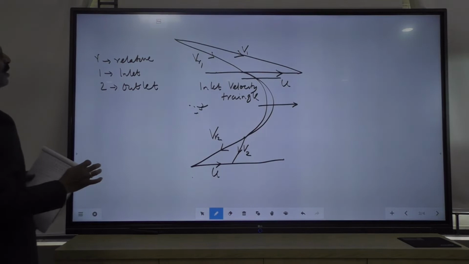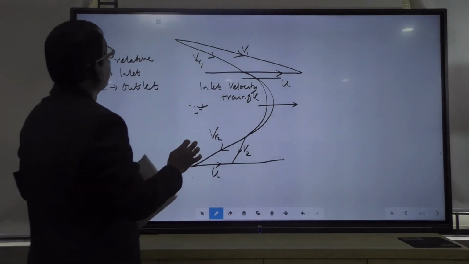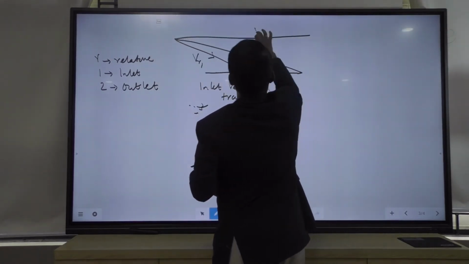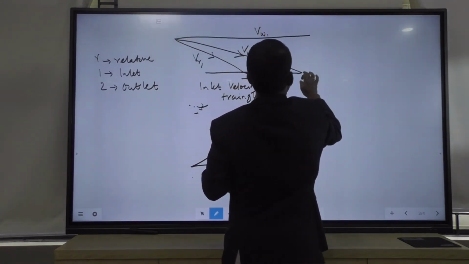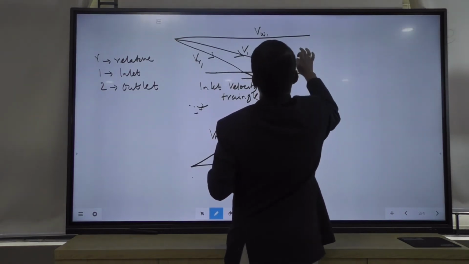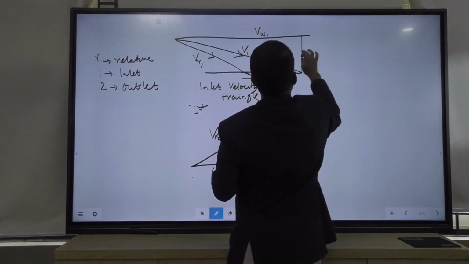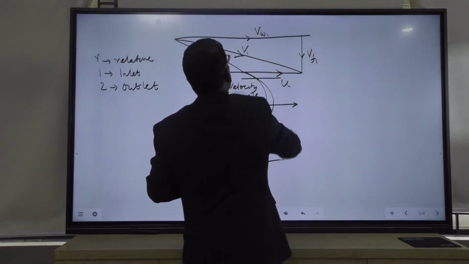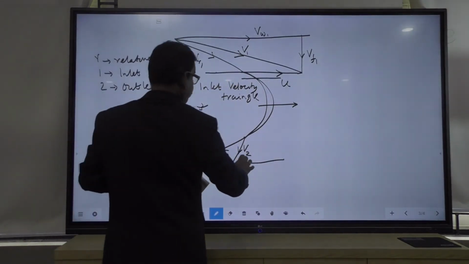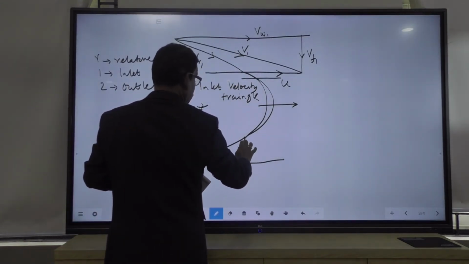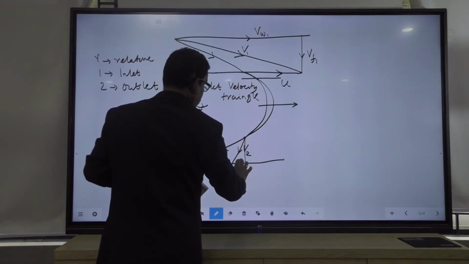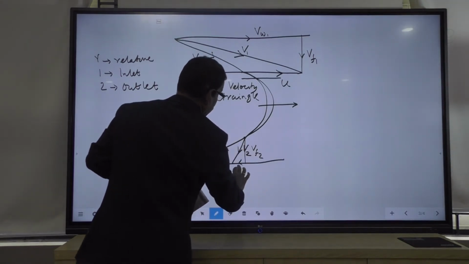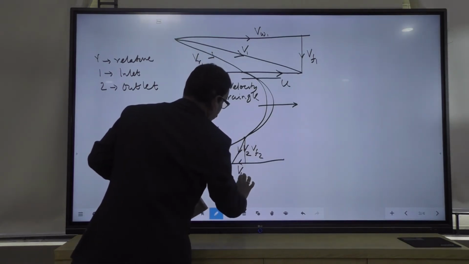If you see the horizontal component of this V1, it is called the wheel velocity VW1, and the vertical component of this V1 is your flow velocity VF1. Similarly, here this vertical component and horizontal component are VF2 and VW2.